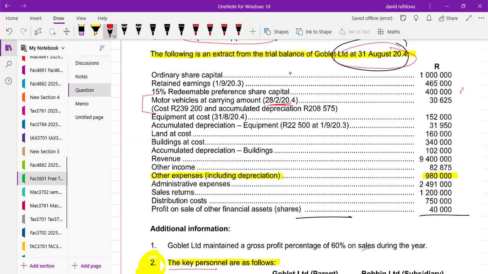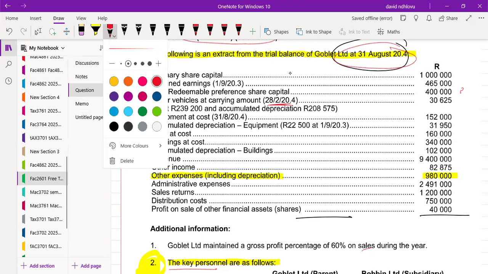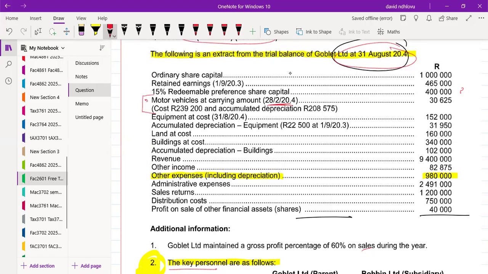Now, the answer to that is very simple. We are being given the carrying amount of the asset on this date. This is the date that the old asset had been sold and the new asset had been replaced. So therefore, we can already assume that this figure is already devoid of the sold asset. It has been removed because we've already reached that date.